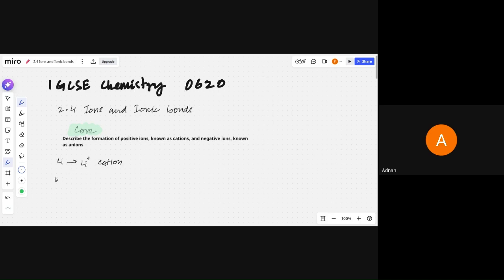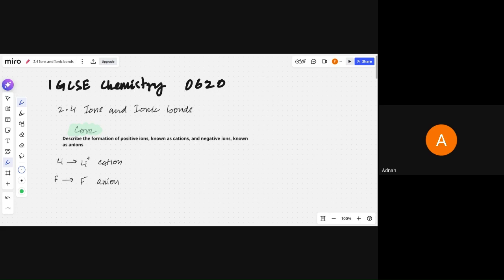And fluorine, say it is in group 7, is going to gain one electron to have a complete outer shell, and it will form an anion. So basically, in this topic, what we try to cover is how to identify which specific element will form what type of ion. Let me explain that.